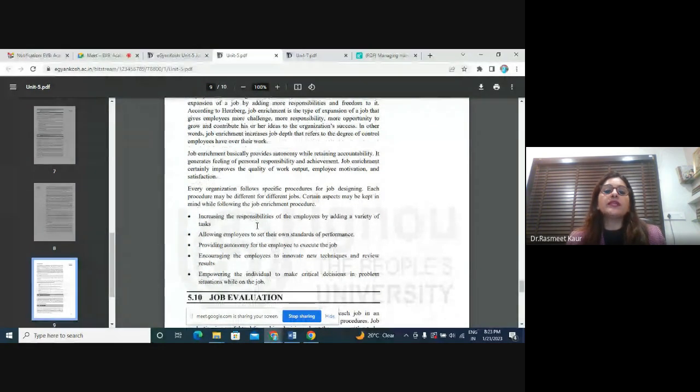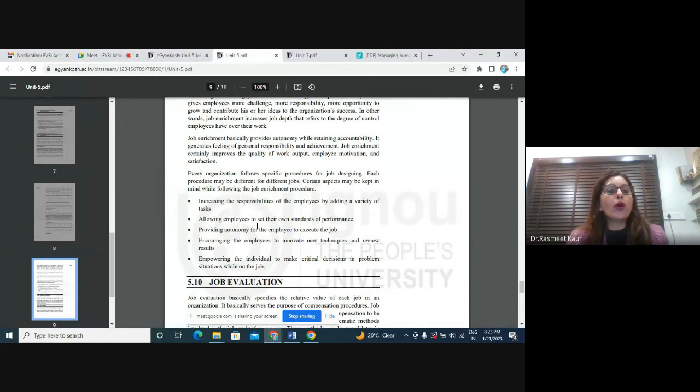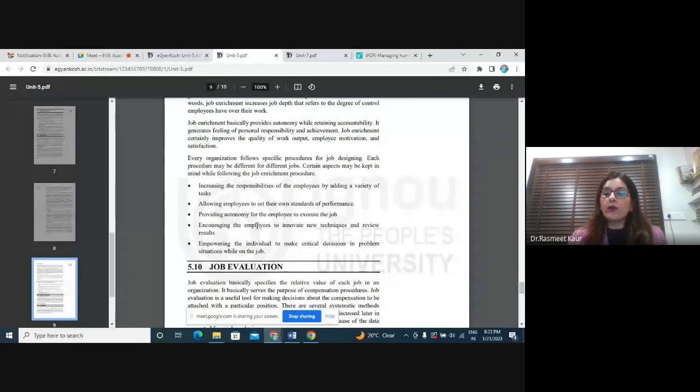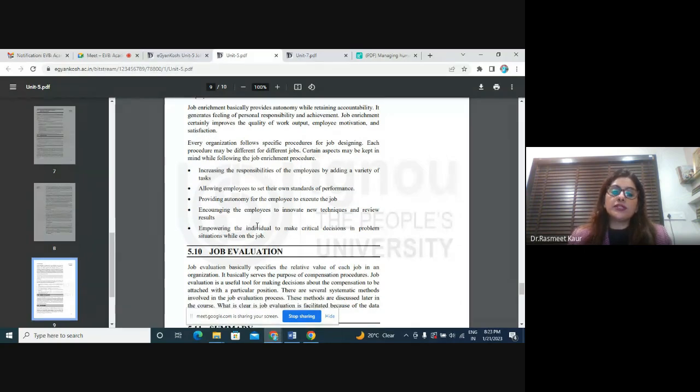It also brings a kind of promotion, moving vertically upward in the organization. So the employee is motivated, the quality of the work output also increases, and the employee is satisfied because it is giving him or her a higher rank and position in the organization.